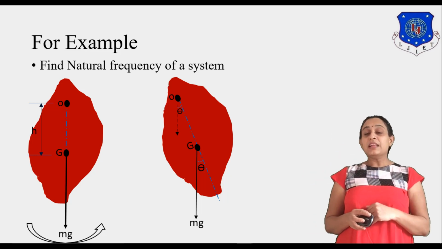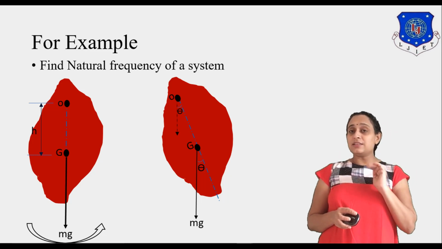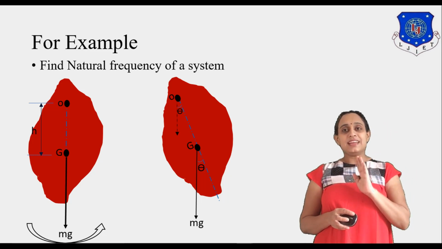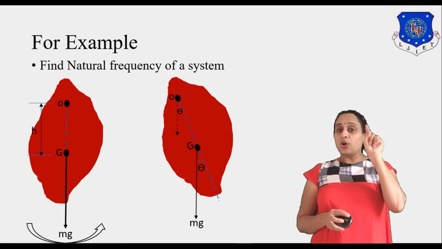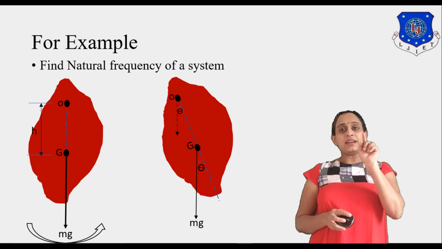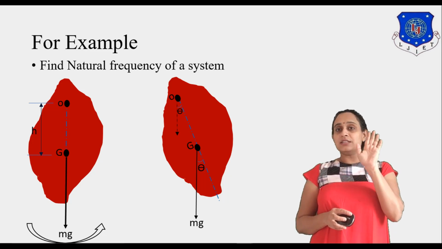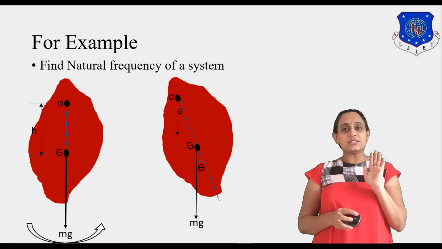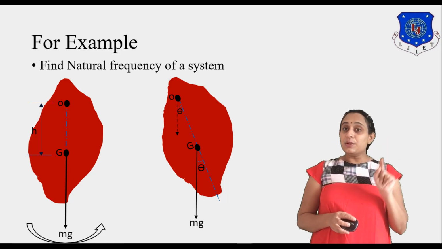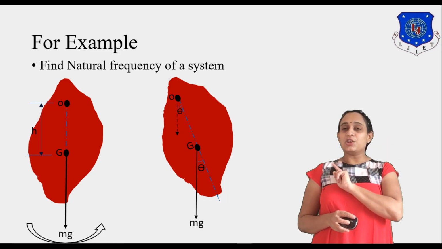In this case, from the vertical it will make a theta angular oscillation, because at the O point it is rigidly fixed and it will oscillate. It means it will move through a theta angular displacement.